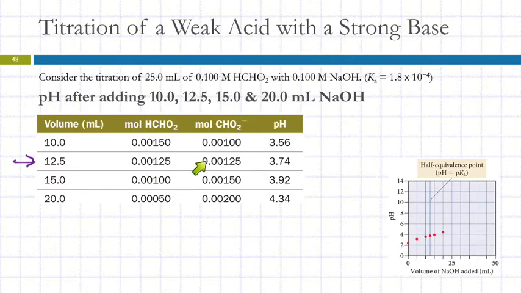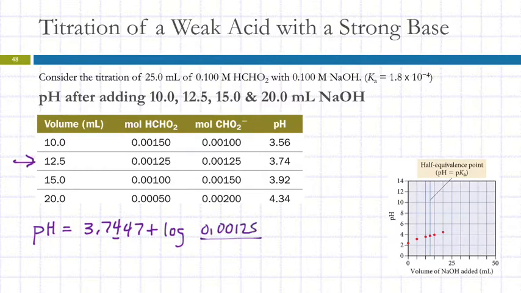So what we're showing in this table is the results of before and after tables. So pH equals 3.7447 plus the log of the moles of the base divided by moles of the acid. Oh, those are equal.